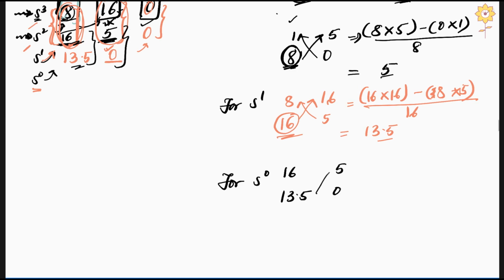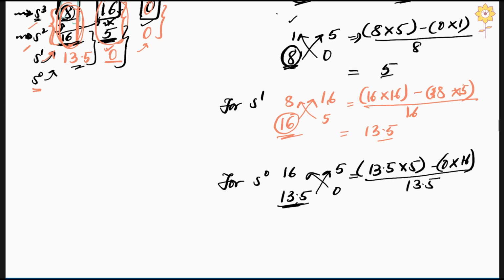So, 5 and 0, let us cross multiply, always starting with this number. So, we have 13.5 into 5 minus 0 into 16, upon 13.5. Okay. So, you will get 5 as the answer. Okay. So, let us write 5 over here. So, now we have totally built the Routh's array.